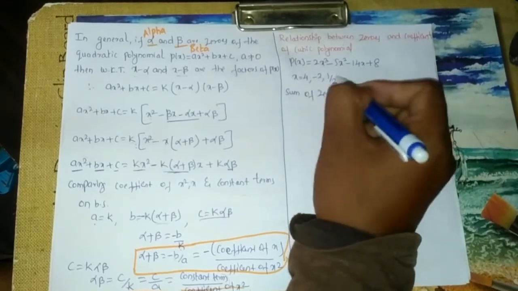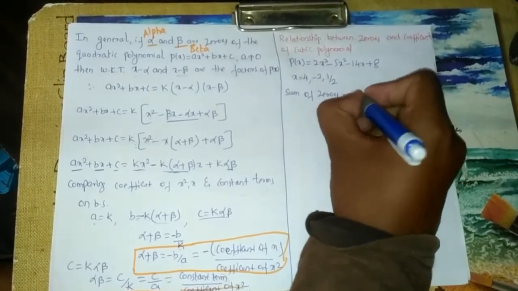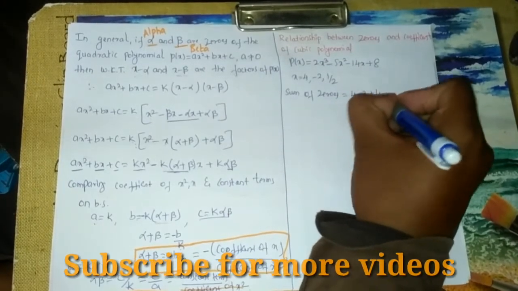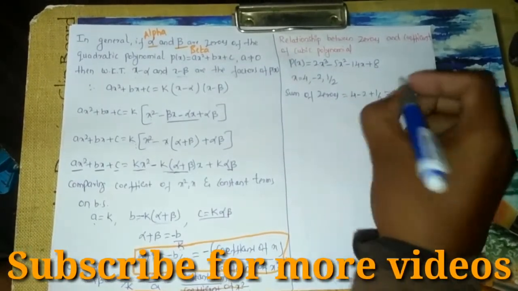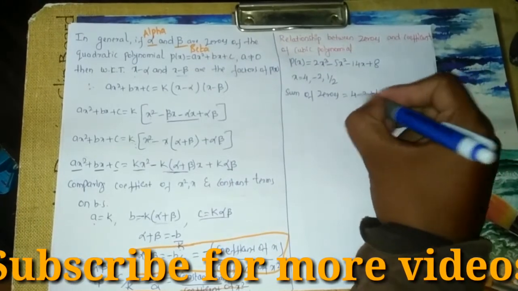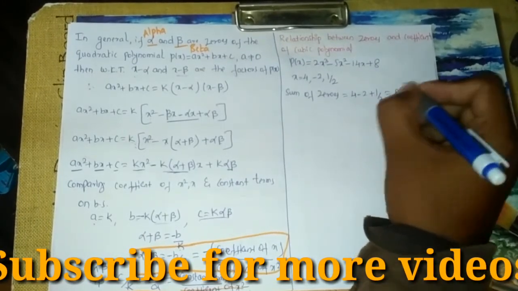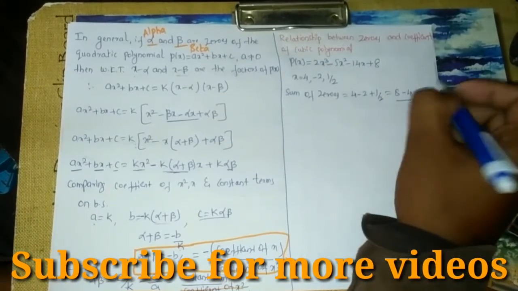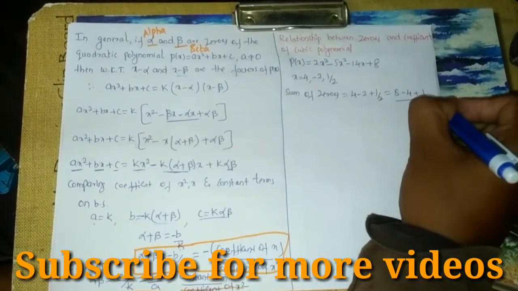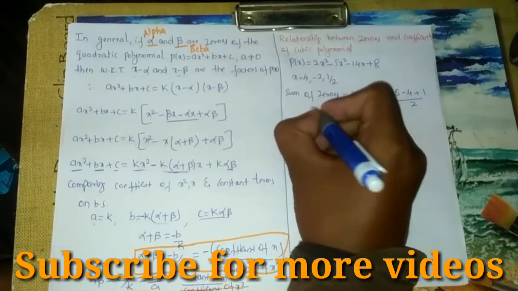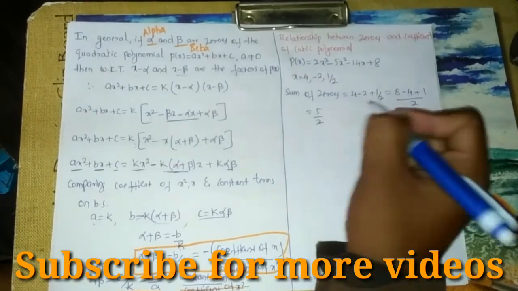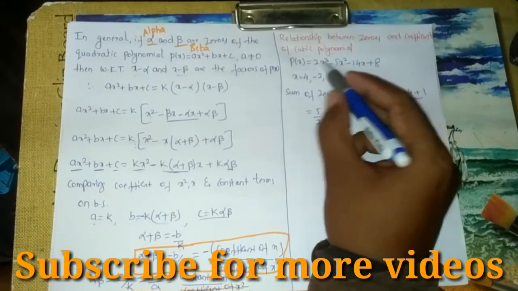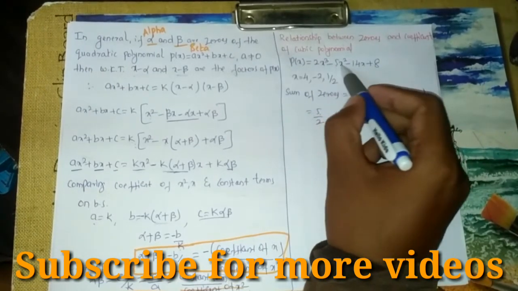So the sum of these zeros will be 4 minus 2 plus 1 by 2. 2 is the LCM, so it is 8 minus 4 plus 1 divided by 2, or 8 plus 1 is 9, 9 minus 4 is 5 by 2. So 5 by 2, you just compare with the given polynomial.